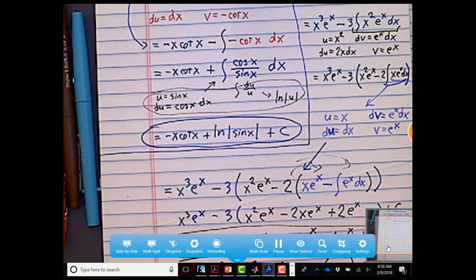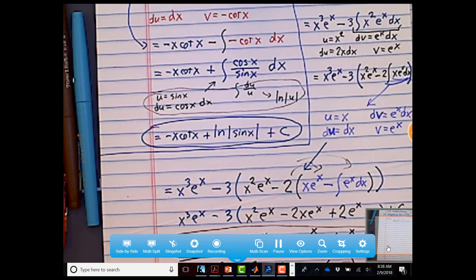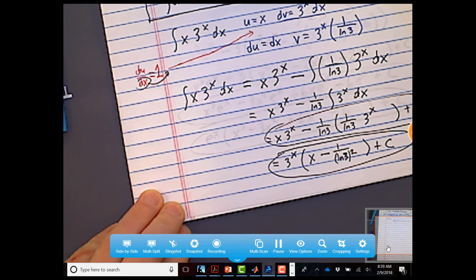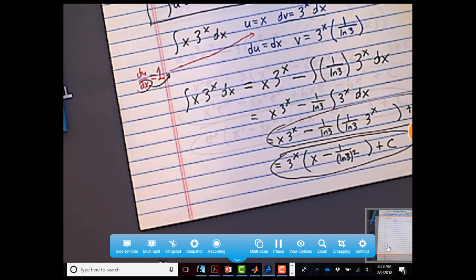Joe, you had a question? Yeah, flip back to the first one with x times 3 to the x dx. I noticed something different, and maybe I'm just being crazy, but in the first term, we did that differently in the one with the cosecant cotangent. Oh, there's a mistake.